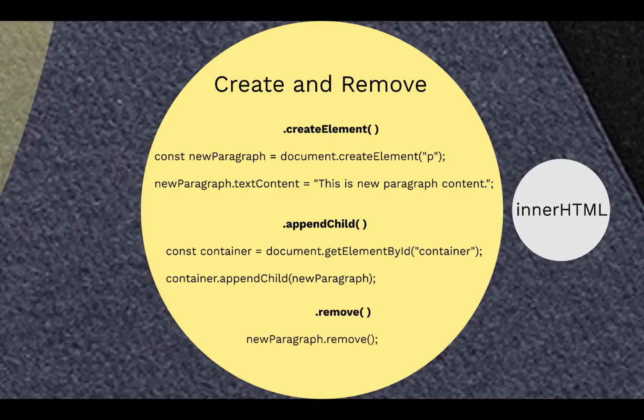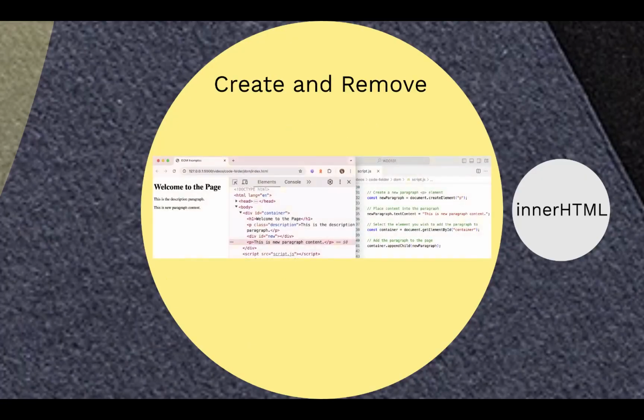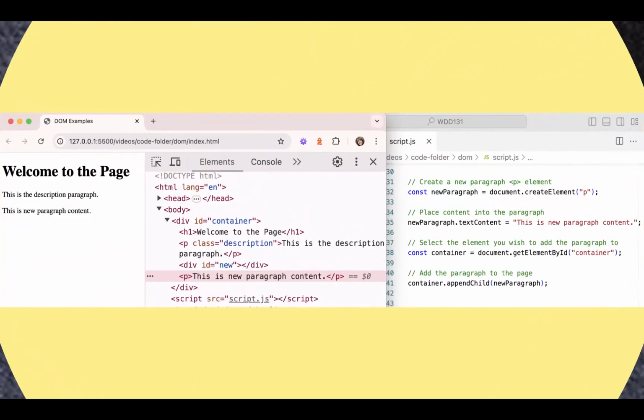We could even remove the new paragraph with .remove. Here is a new paragraph element that's been created using createElement. It then gets content with textContent and is added after the other elements in the container div to the page with the appendChild.